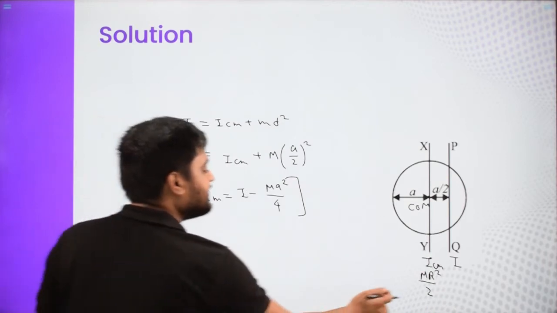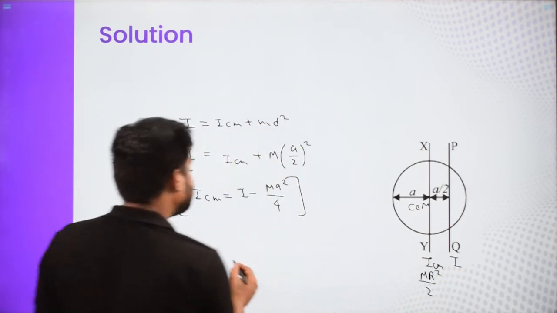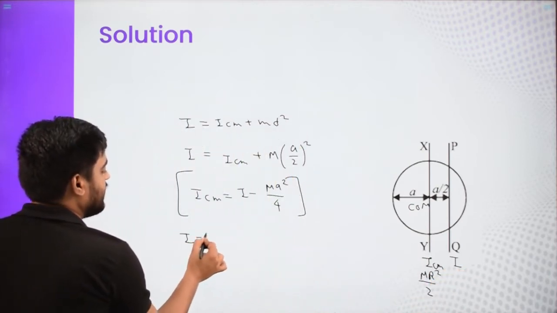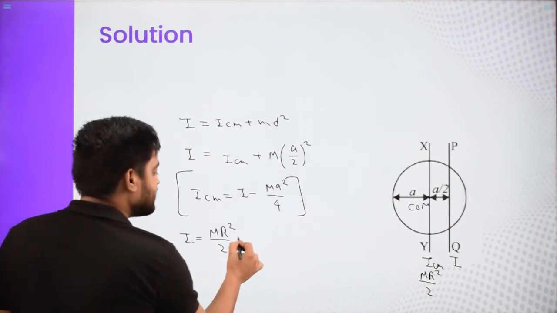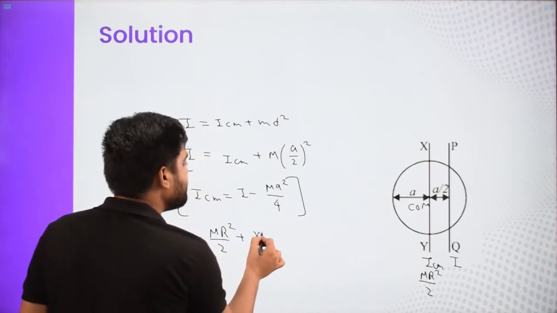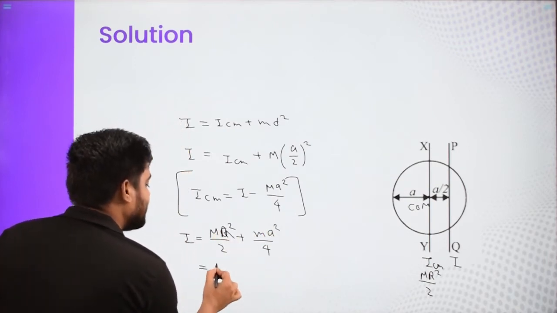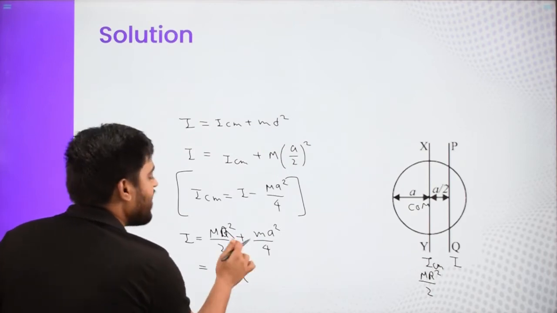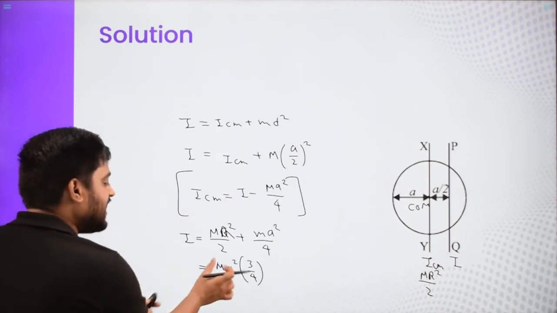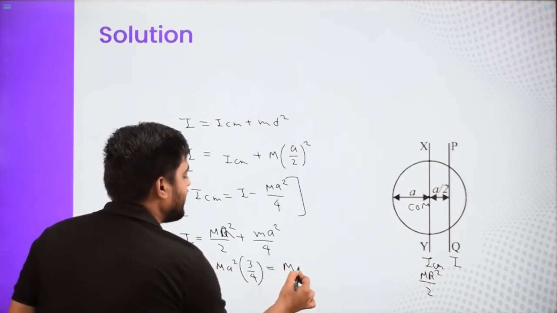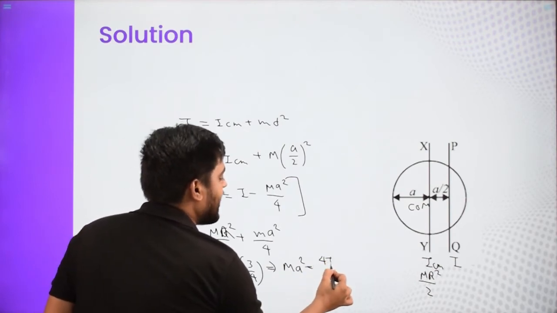That is my ICM, and this I is nothing but MR square by 2, where R is A, plus MD square, which is MA square by 4. So it is MA square, half plus 1/4, that gives 3/4, and that is I. So the value of MA square is going to be 4I by 3.